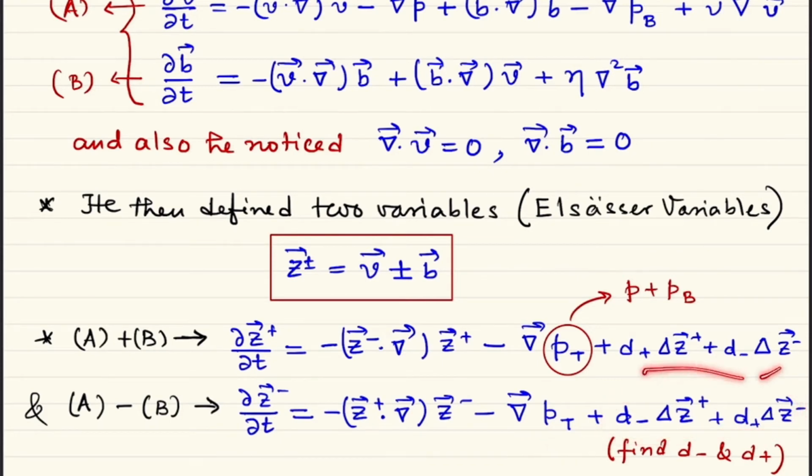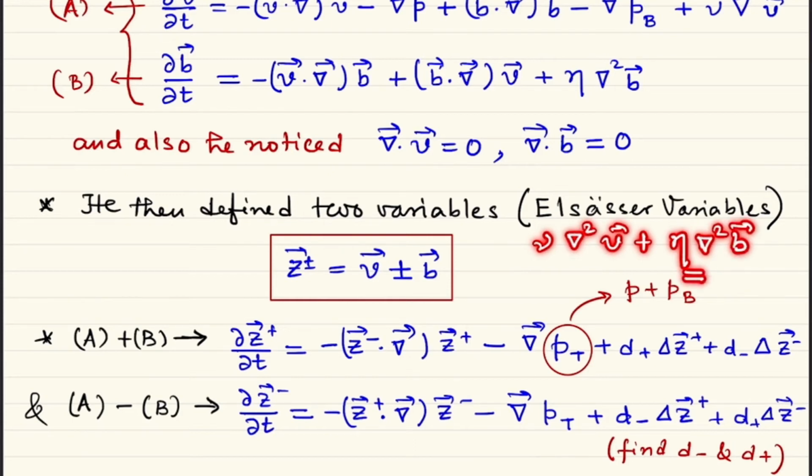Now these dissipation terms are written in a way so that they carry some symmetry. So this is nothing but just writing. In this equation you will have the dissipation contribution like this: eta, nu, lambda nabla square V plus eta nabla square B. So we say this one is equal to d plus Z plus d minus Z minus.